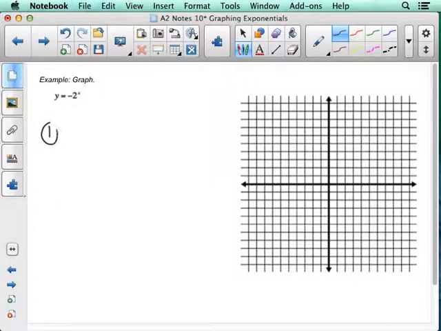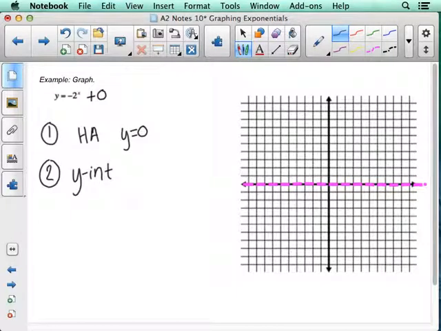All right, let's look at a couple others here. So step 1 is find your horizontal asymptote. Again, there's no plus anything here, so my horizontal asymptote is y equals 0, and make sure that you're writing it as an equation. Step 2, my y-intercept.